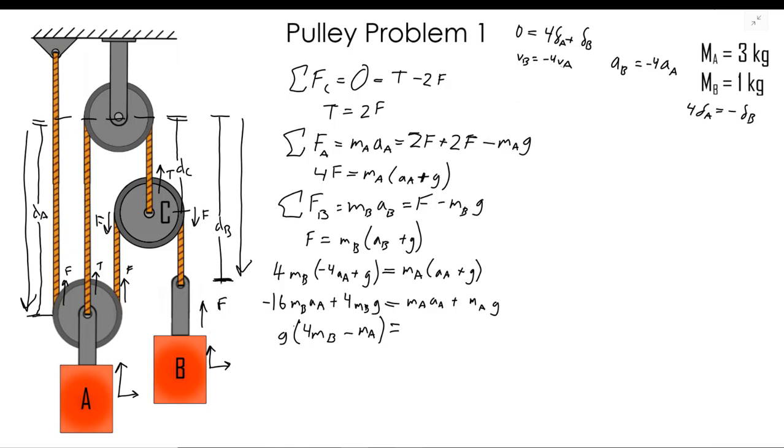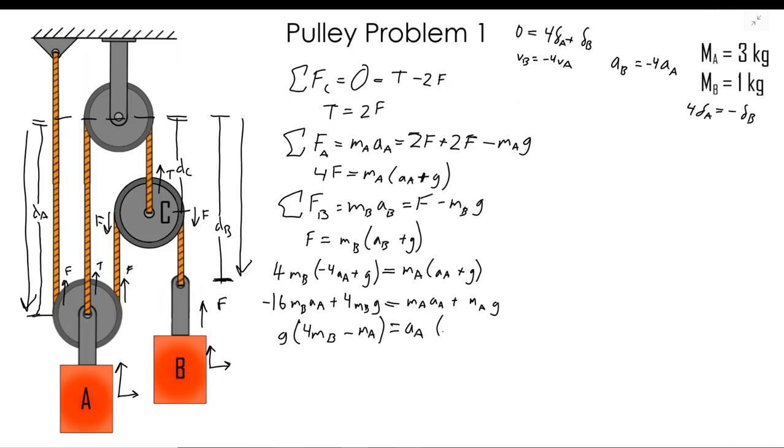This is the junk, everything that's left over from AA. So now we have AA on that side, and we're going to do the same thing we did with G right there. We're going to pull out AA just to speed things up.